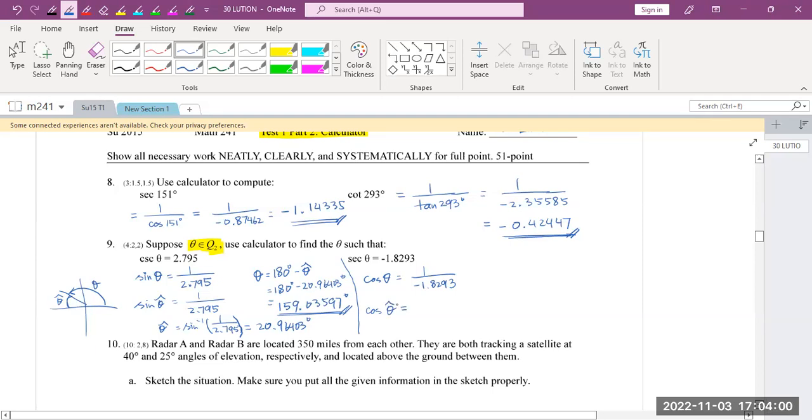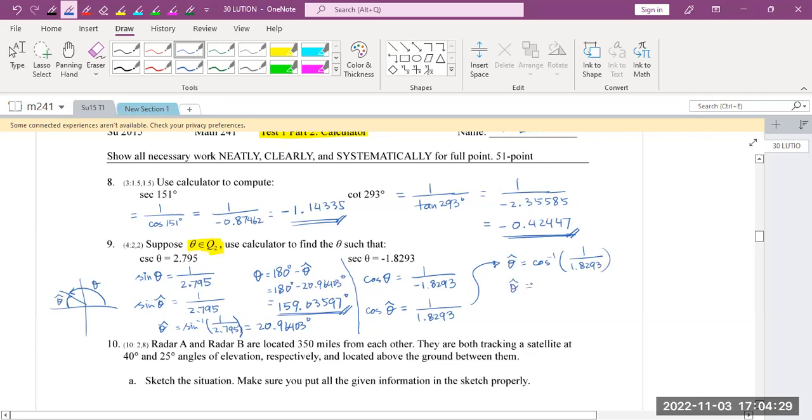Okay, cosine theta hat equals 1 over 1.8293. Then from there, theta hat, the reference angle, will be cosine inverse of 1 over 1.8293.